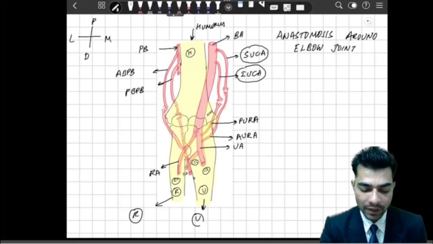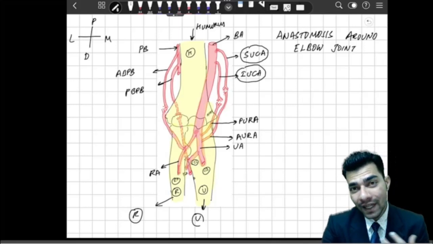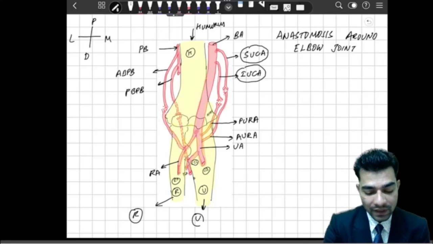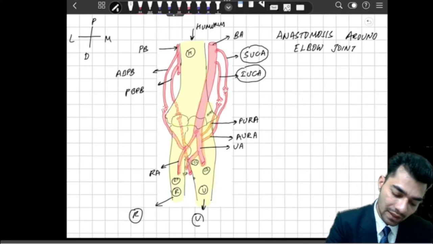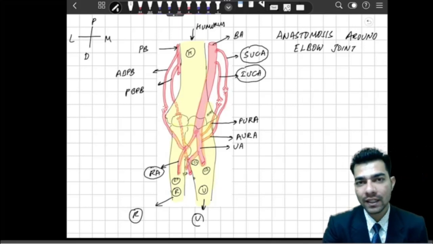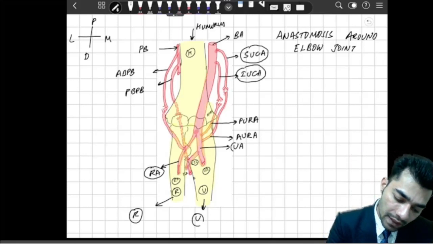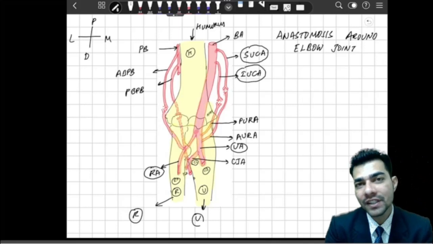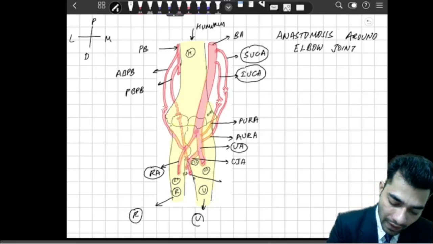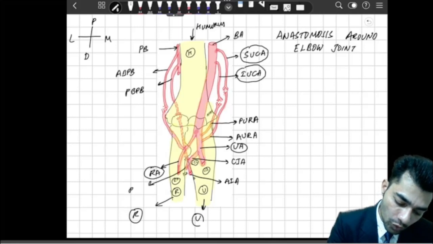Coming to the lateral aspect, of course, it is the radial artery which is lying on the lateral aspect with respect to the radius bone, but there is a difference in this. What is that? The ulnar artery will give rise to a common interosseous artery which will divide into an anterior interosseous artery and a posterior interosseous artery.